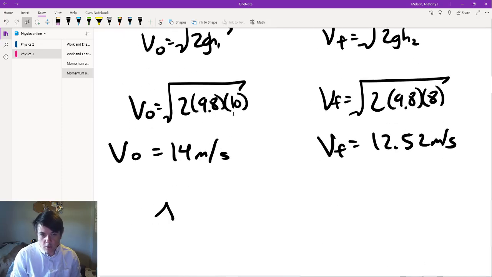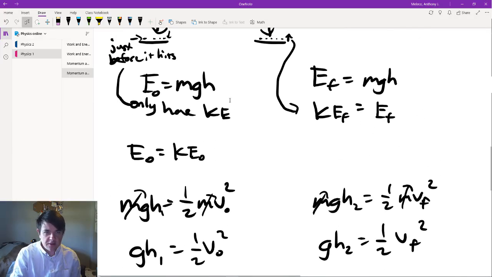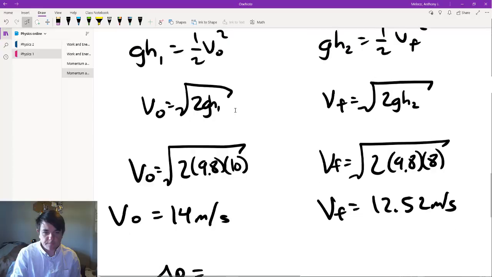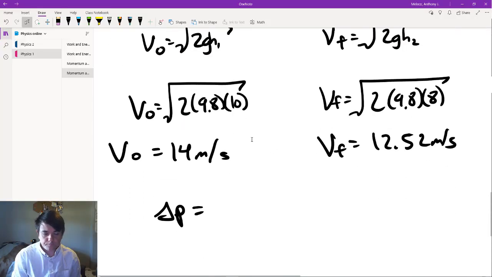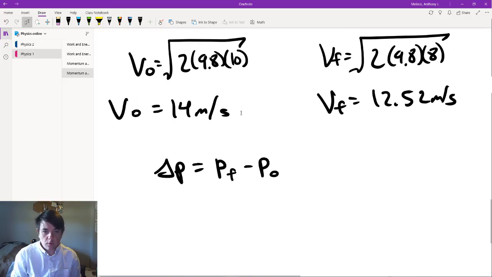So now our change in momentum is equal to the mass of the ball, which I think was 5 at this point, 5. So P final minus P initial, right? M V final minus M V initial.